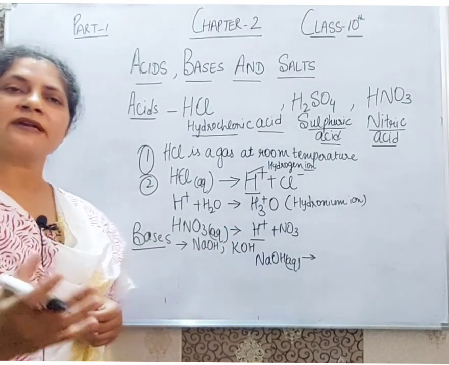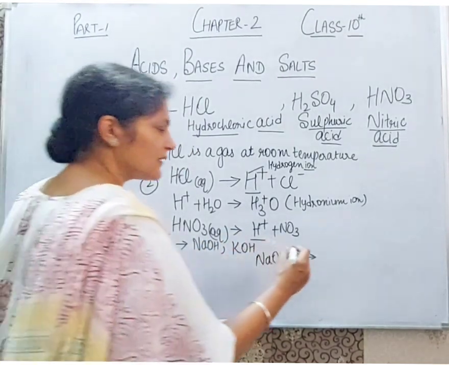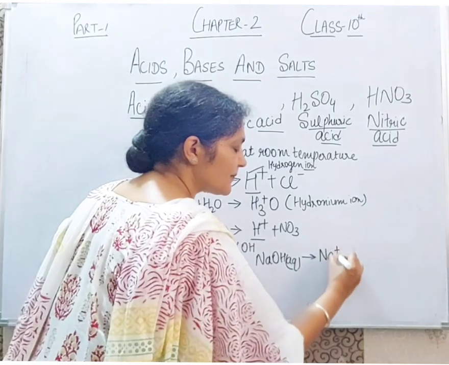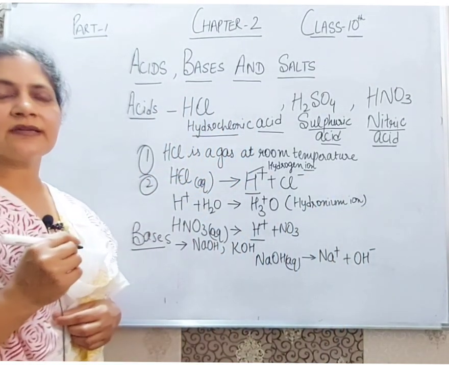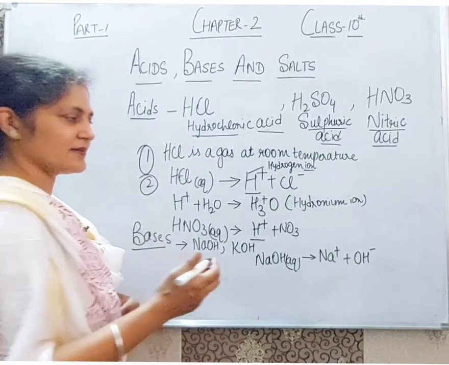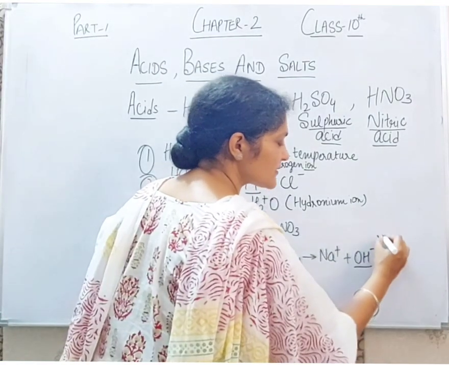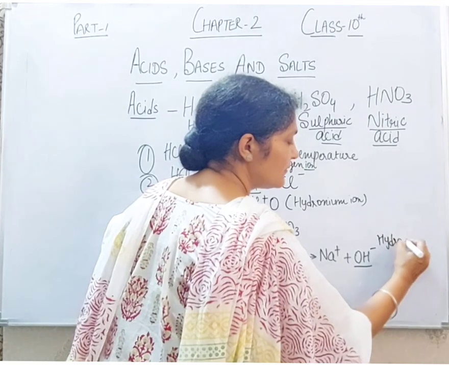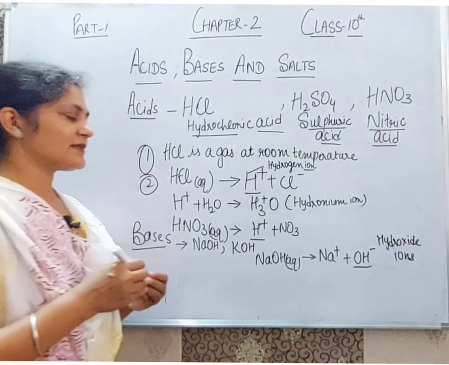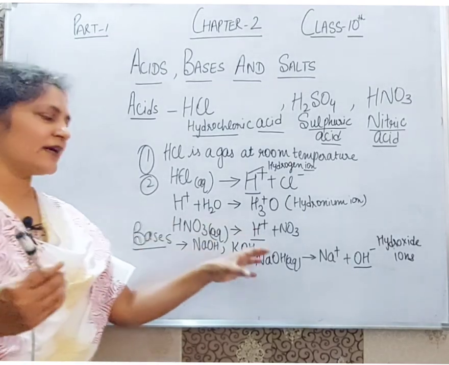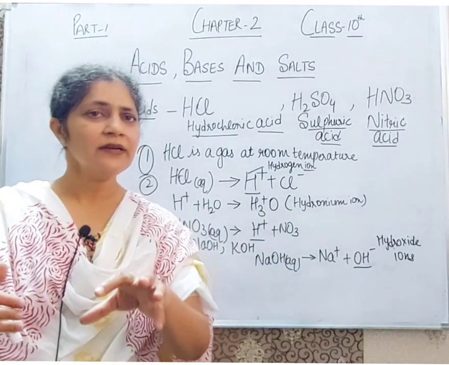When sodium hydroxide is dissolved in water, it always gives OH ions. OH ions are known as hydroxide ions. All the bases give hydroxide ions when they are dissolved in water.